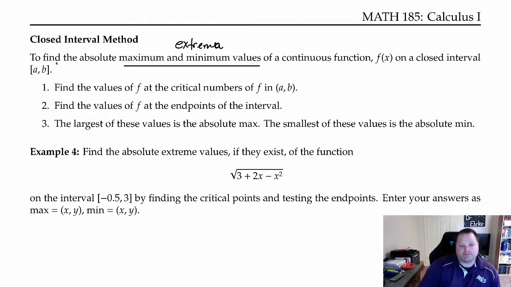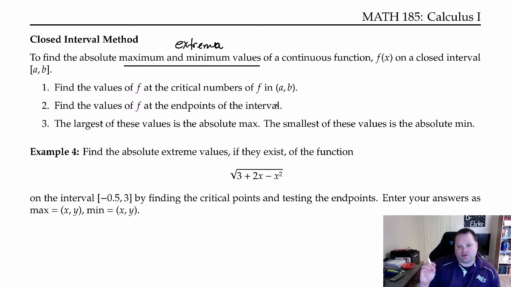To find the absolute extrema of a continuous function f of x on a closed interval from a to b, you take all of the critical points in the open interval, you take the endpoints, and you test critical points and endpoints.